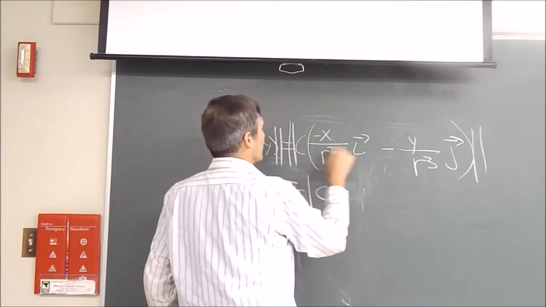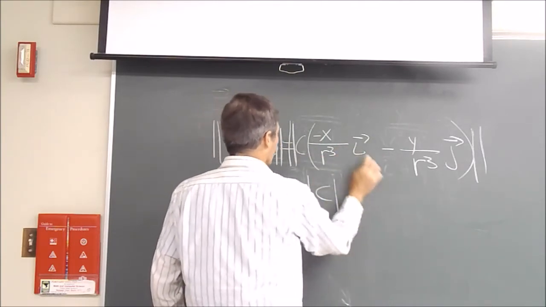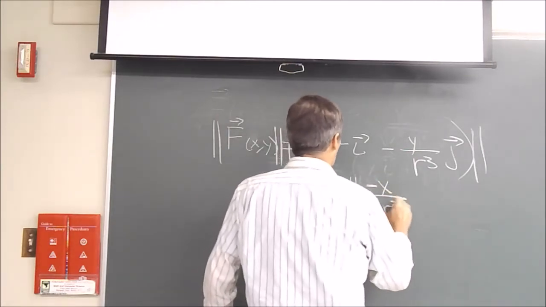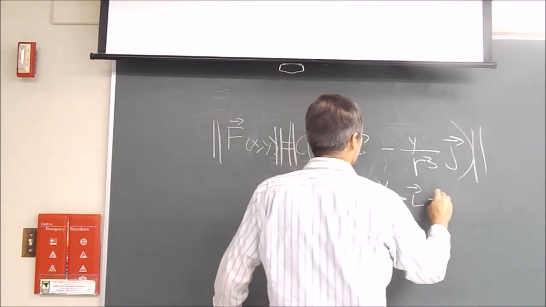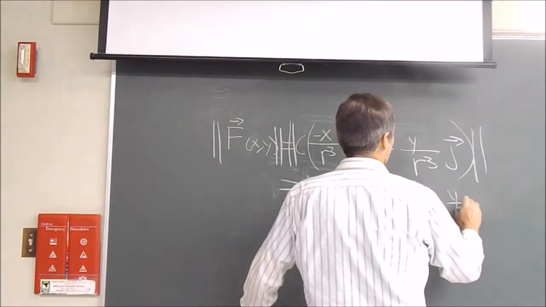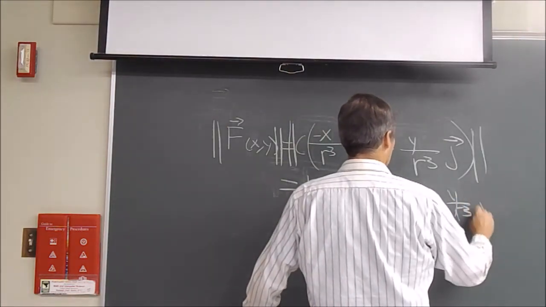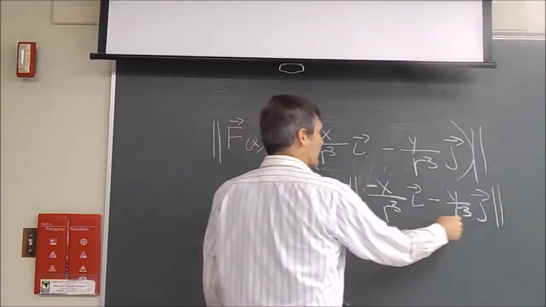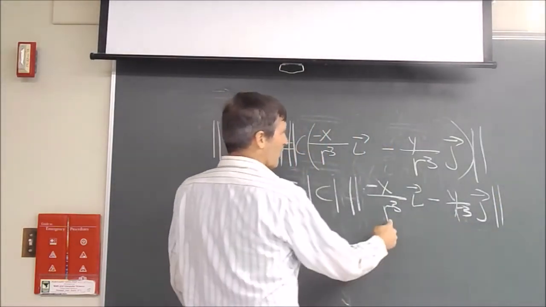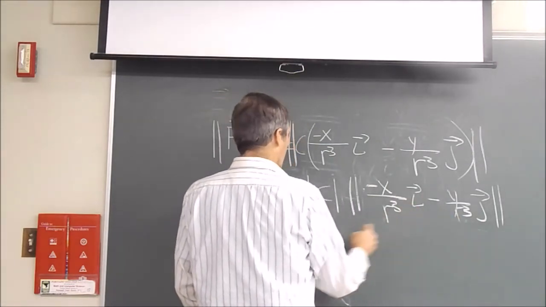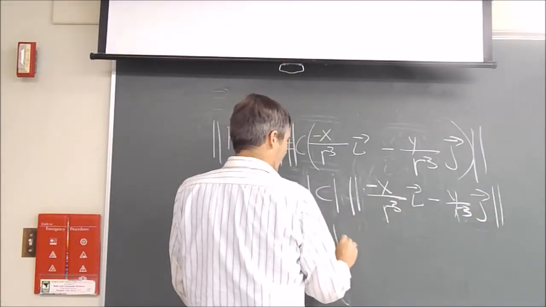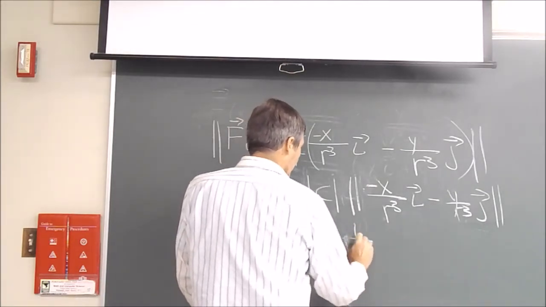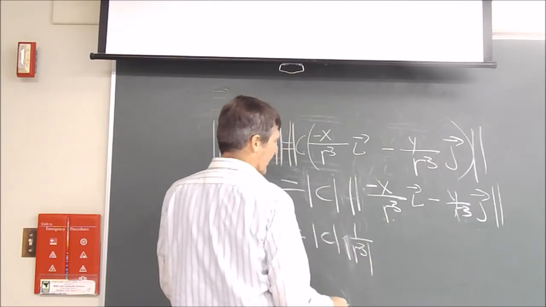Remember, when you have a constant multiplying a vector, the length of the result is the absolute value of the constant times the length of the vector. And now r cubed multiplies the whole thing. You can take a 1 over r cubed out of here and rewrite this as 1 over absolute value of r cubed, because it's just a scalar valued function.